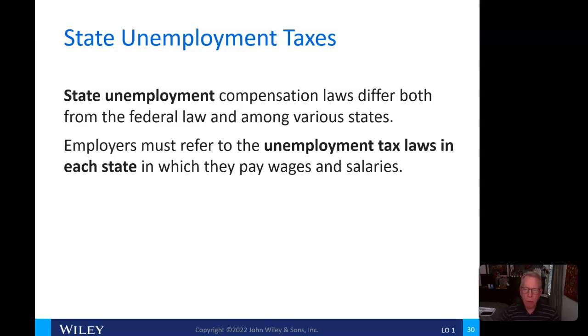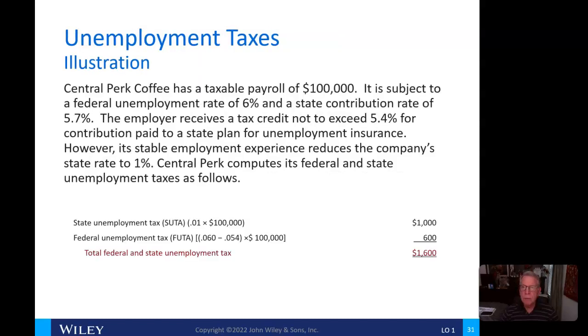I might also point out that state unemployment tax is, in some degree, a merit system. So if you're a good employer and you don't willy-nilly fire and hire employees right and left, you're going to get a lower rate than the employers that do have layoffs and rehires and layoffs and rehires.